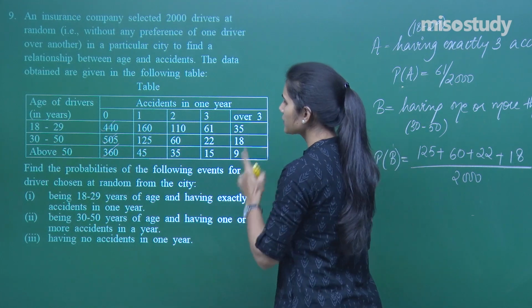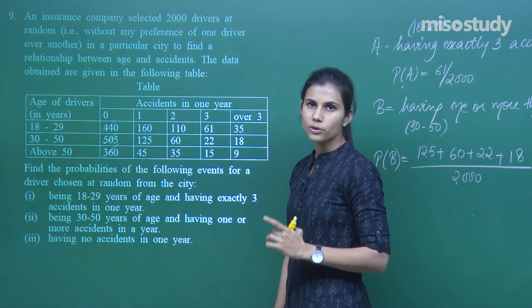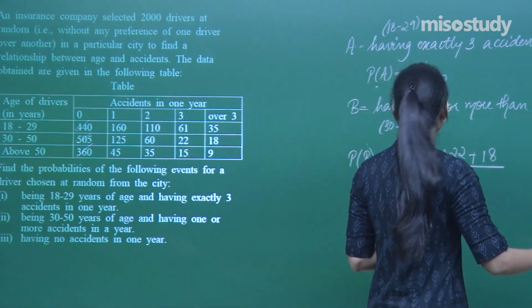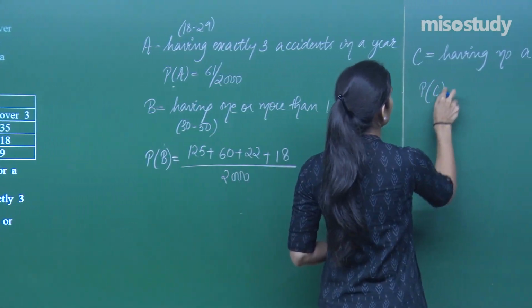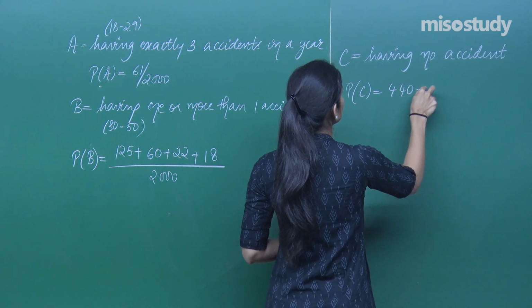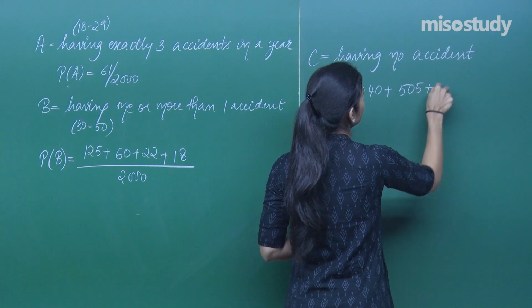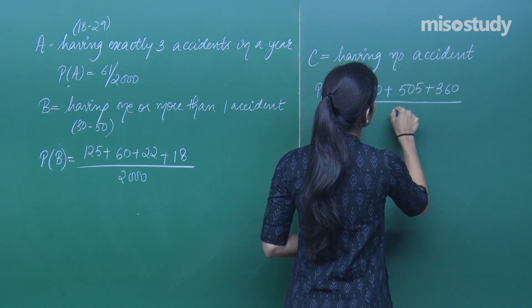So, 440 plus 505 plus 360 is the total number of drivers which are having no accident in a year out of 2000. So, probability of event C would be 440 plus 505 plus 360 upon 2000.